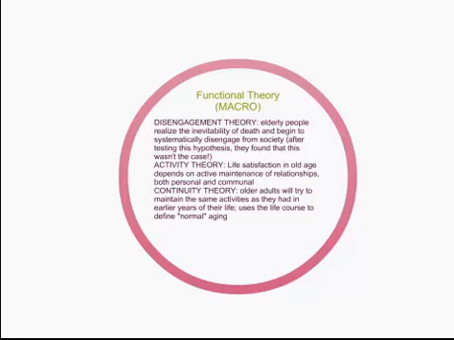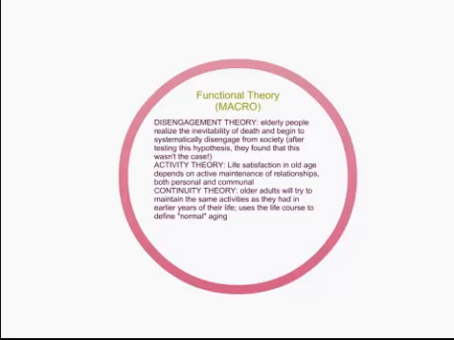Now continuity theory is a little bit more recent, I believe, but don't quote me, from the 1980s. And continuity theory actually goes against the grain for functional theory. Continuity theory is a micro-level theory, and functional theory does not usually venture into the micro-level realm.